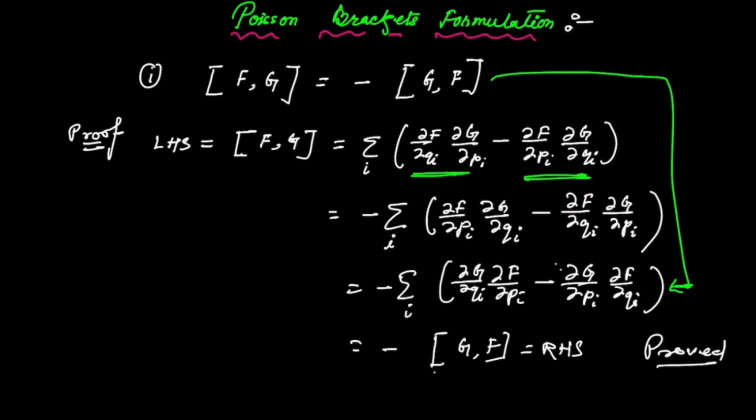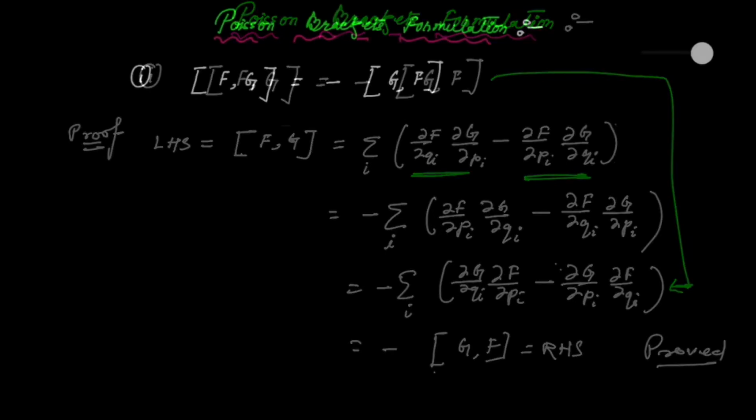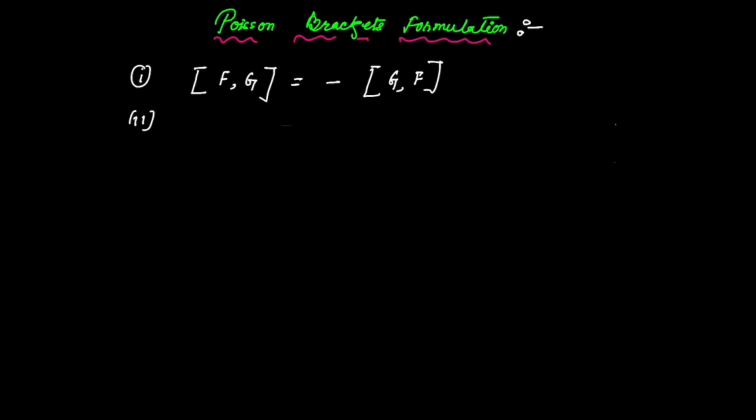We have more relations, and I'm not going to prove all of them, so let me write the other relations. The next relation is that the Poisson bracket of f and f is always going to be 0. That means if you have the same function in both places, it is going to be 0.